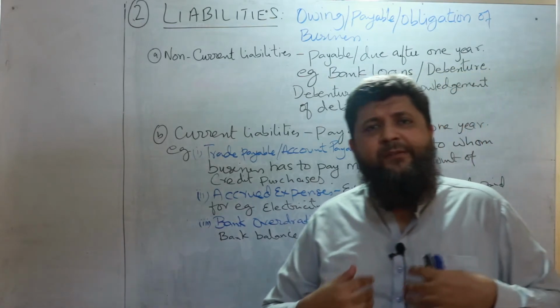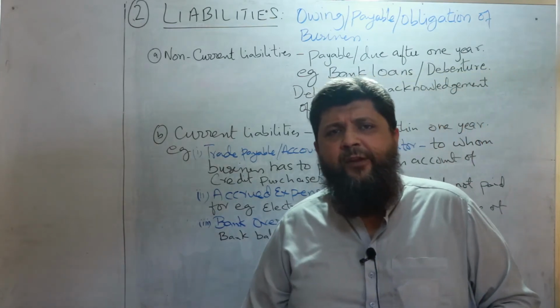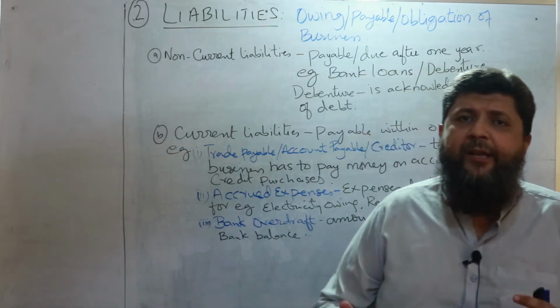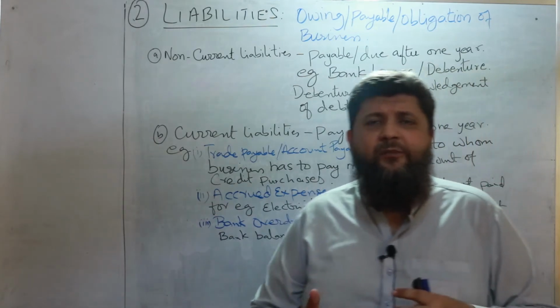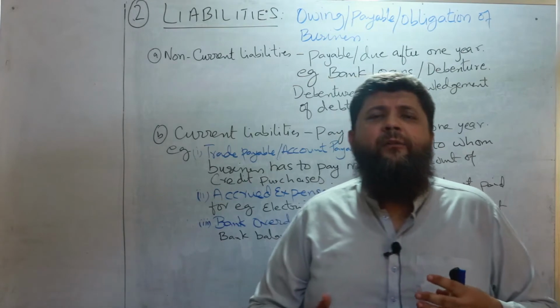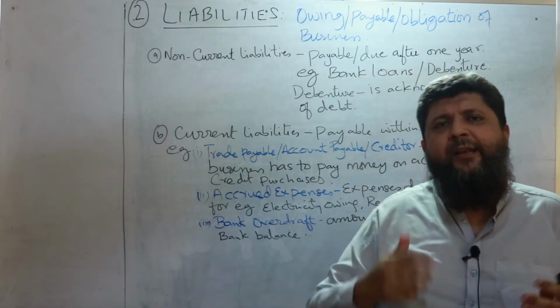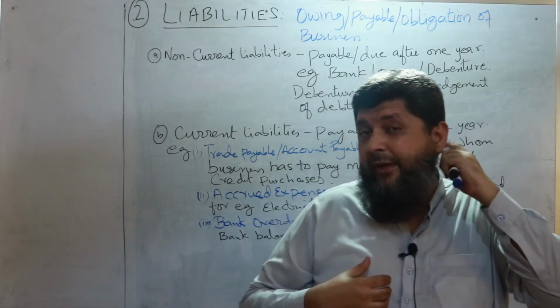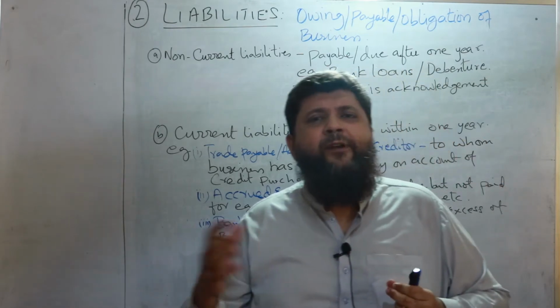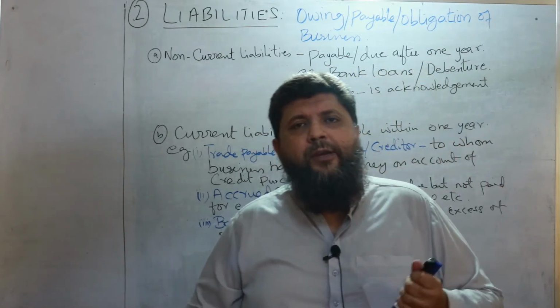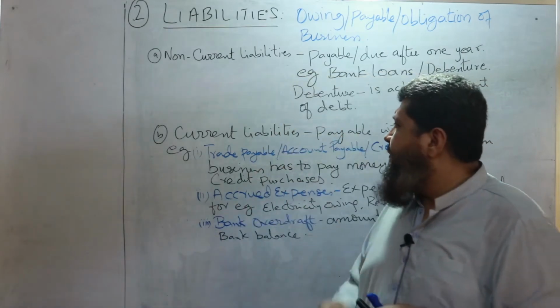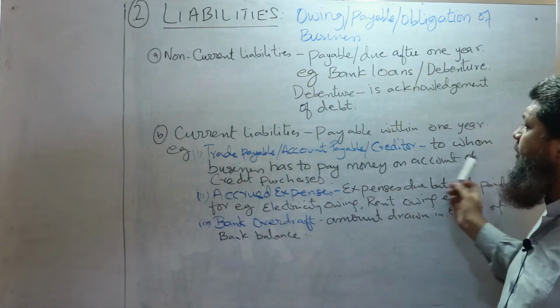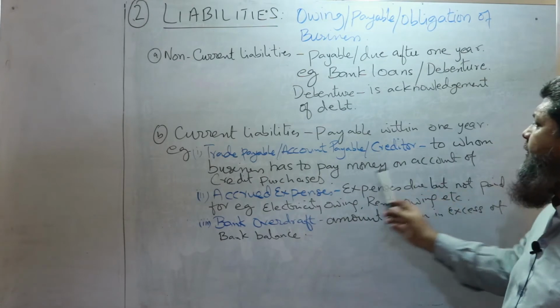If my business has bought goods on credit from someone and I have not yet paid the amount, the terms and conditions will definitely be there between the buyer and the seller, that I will pay after 1 month or 15 days or 20 days or 10 days, whatever, but the period will definitely not be more than 1 year. So it is my current liability because business has to pay on account of credit purchases.